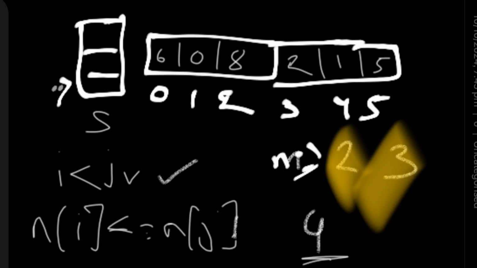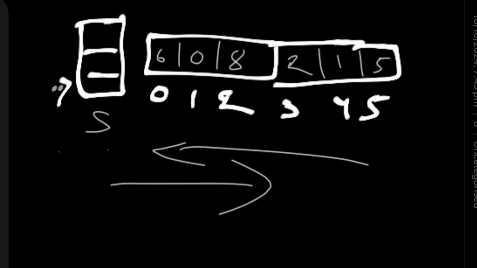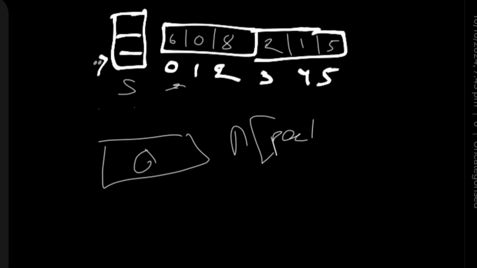So the intuition of the problem is as follows. I will traverse the array in two directions, one from the front and another from the back. Initially, the index of the value 6 will be directly pushed into the stack, and we will be checking the condition with nums of the peak of the stack.